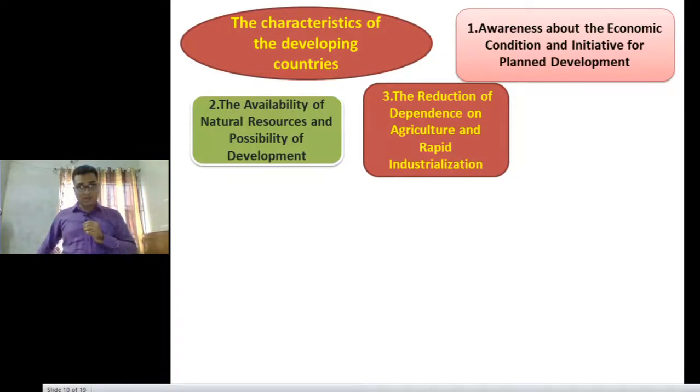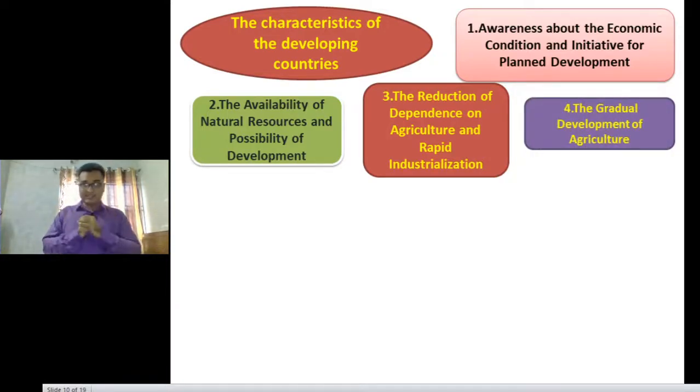Dear students, now I'm going to discuss the next characteristic, that is the gradual development of agriculture. In this type of countries, we can see they are trying to use modern technologies in the agriculture sector, and by using them they have achieved some success. Okay, so this is one of the characteristics of the developing countries.